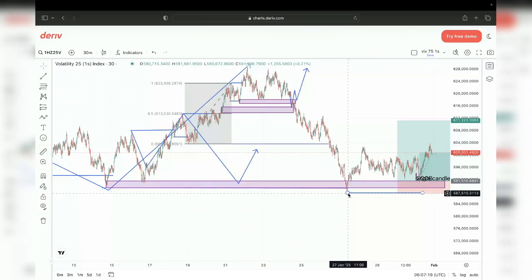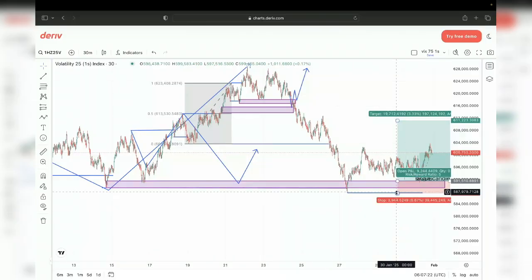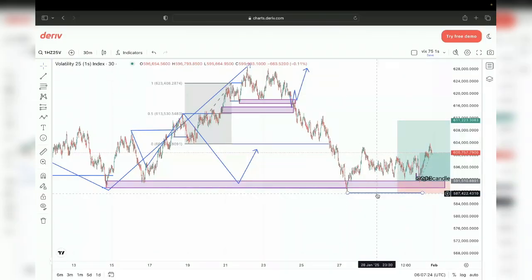If price gets to this place and it triggers and starts going well, this particular one should give you much more profit than any other one. The lot size should be like up to two lot size.